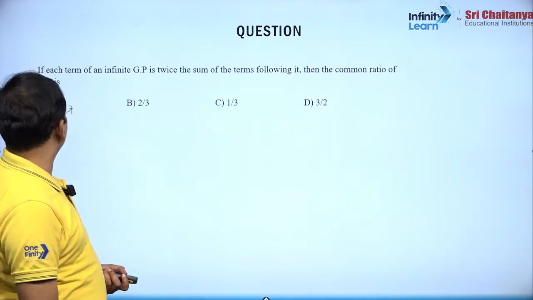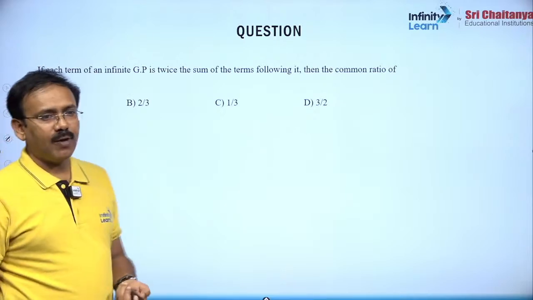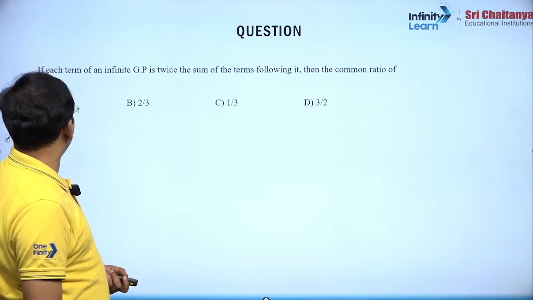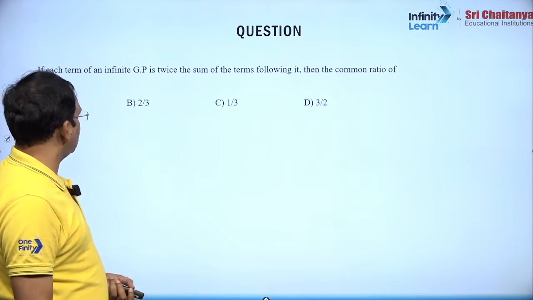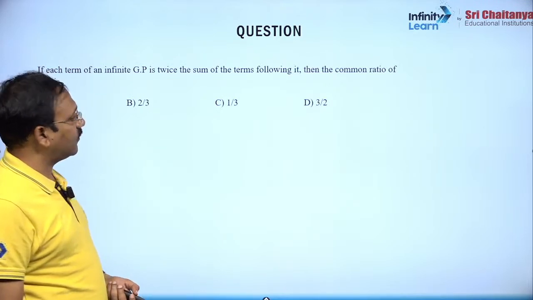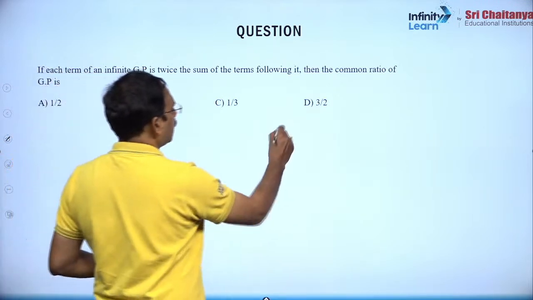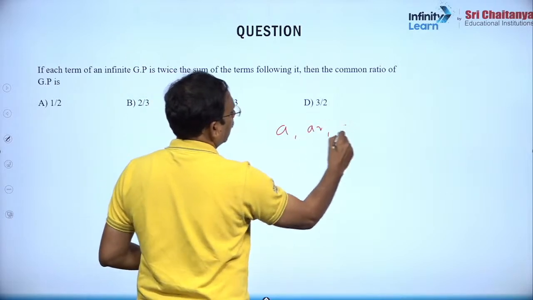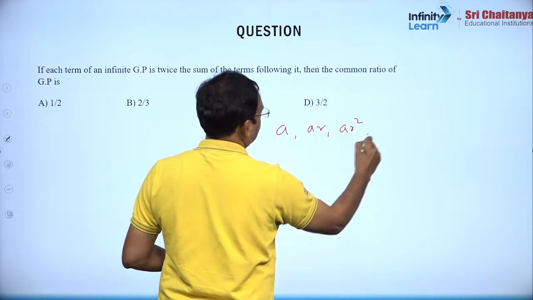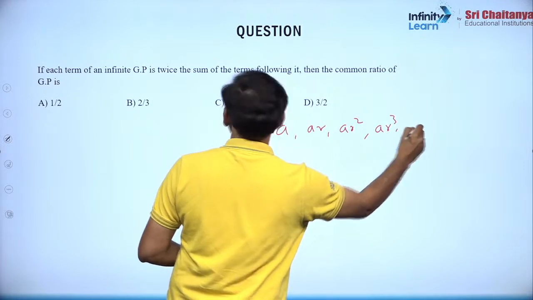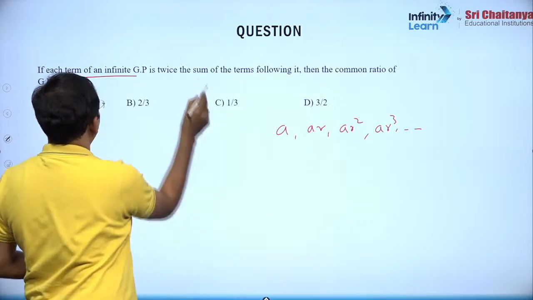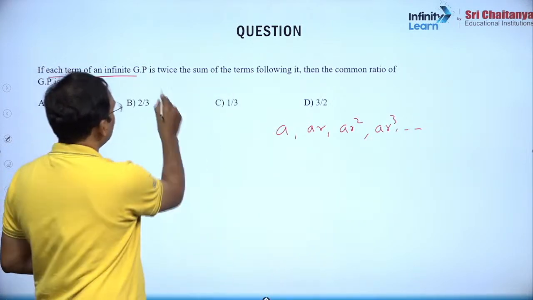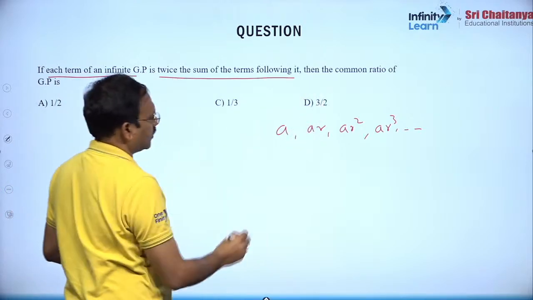Next, my dear friends, you see, this is all a simple problem related to infinite series. Each term of an infinite GP is twice the sum of the following terms. You take the GP A, AR, AR square, AR cube and so on. Each term of an infinite GP is twice the sum of the rest of the terms.